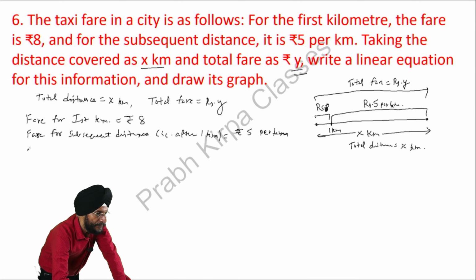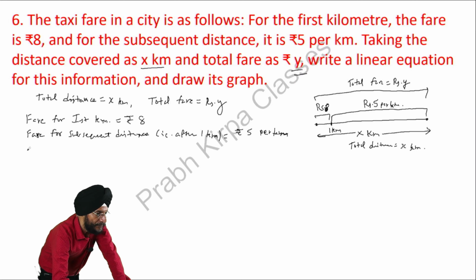The fare charge will be the rate into distance traveled. What is the rate after 1 kilometer? It is 5. And what is the distance after 1 kilometer? It is x minus 1. Now what will it be? 5x minus 5.